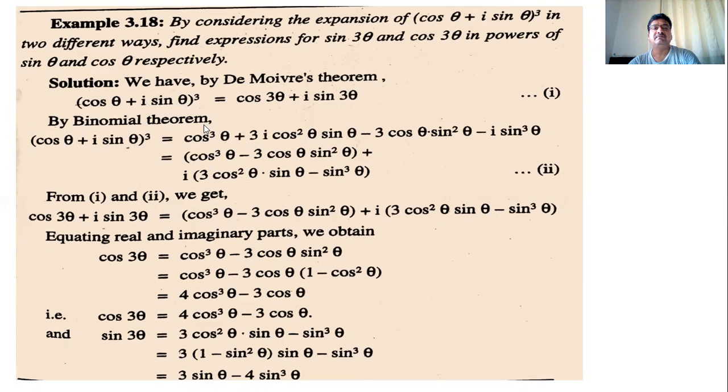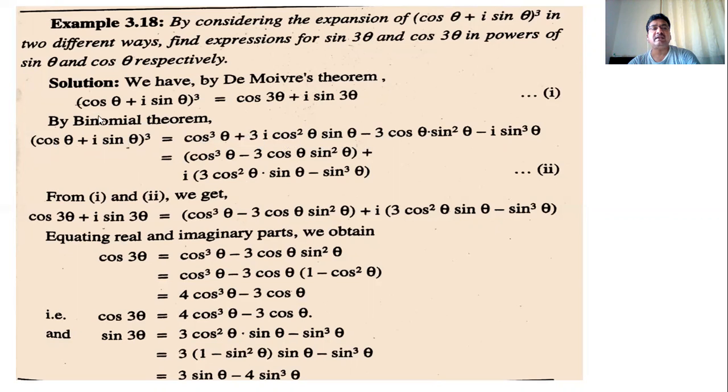So (cos theta plus i sin theta) raised to 3 is cos cube theta plus 3 cos square theta into i sin theta, the square of this into this. The next term is plus 3 cos theta into i square sin square theta.